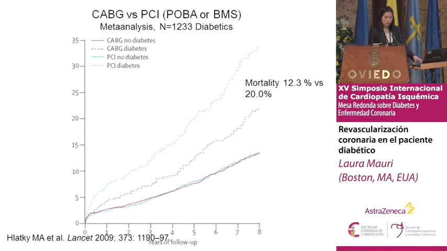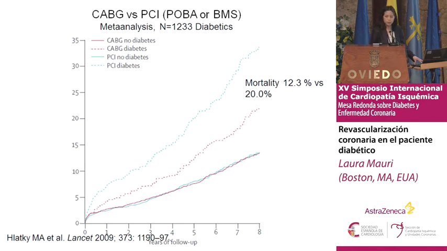That being said, if you do look at mortality and you look specifically at the diabetic subgroup, diabetic patients do have a higher rate of mortality in these trials, 12.3% in the patients treated with CABG and 20% in the patients treated with PCI within the diabetic subgroup. And so this meta-analysis found that diabetic patients were more likely to benefit in terms of mortality with CABG.